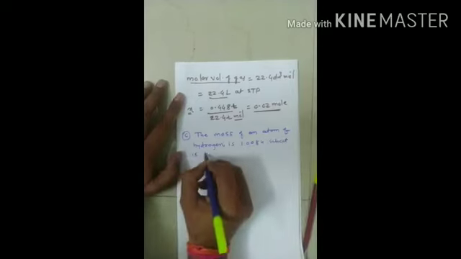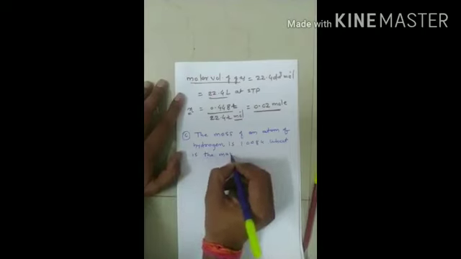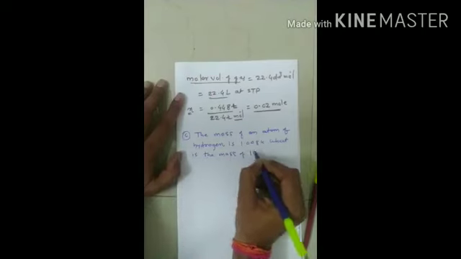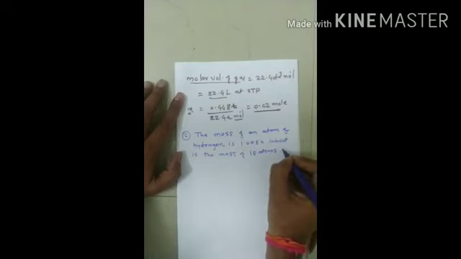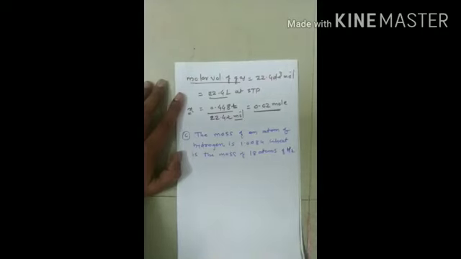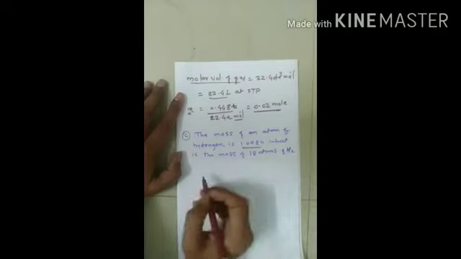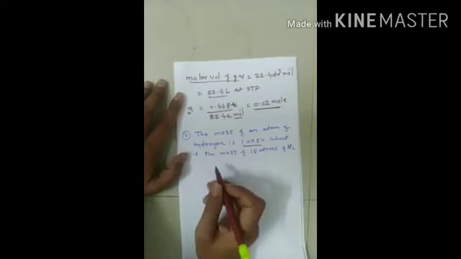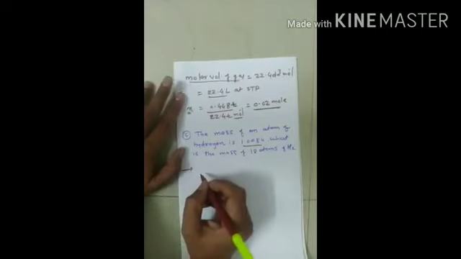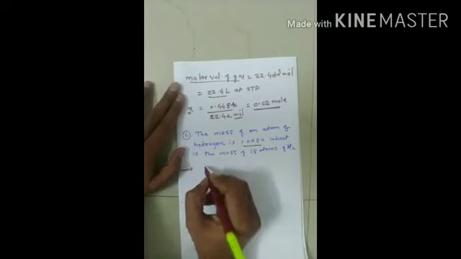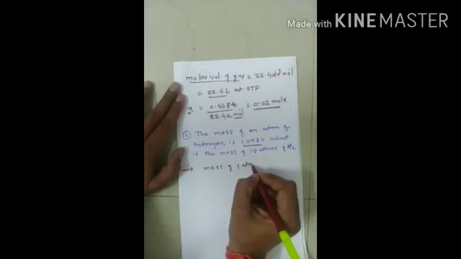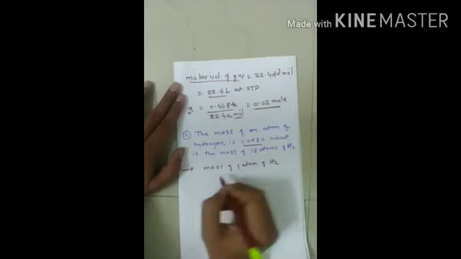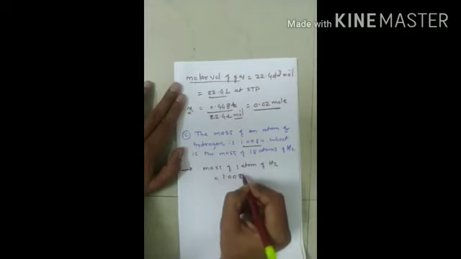What is the mass of 18 atoms of hydrogen? The question is that the mass of one atom of hydrogen is given, and we have to find the mass of 18 atoms. Very easy question actually. Mass of one atom of hydrogen is 1.008 U.